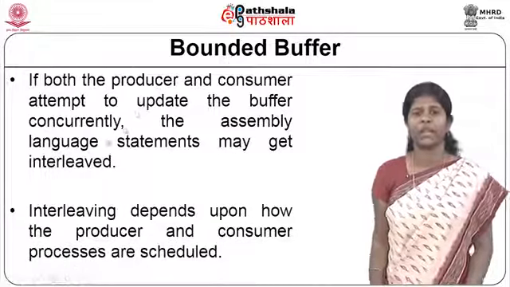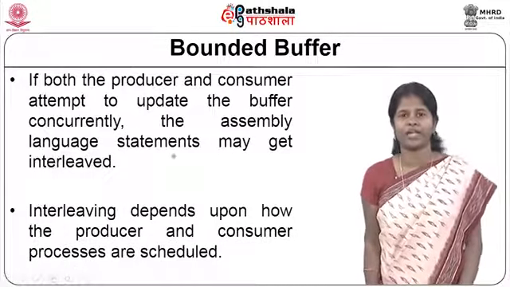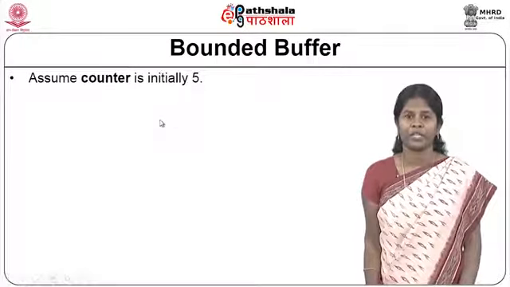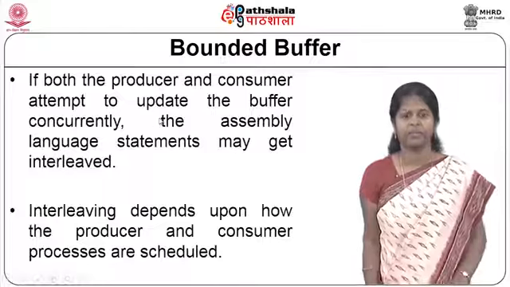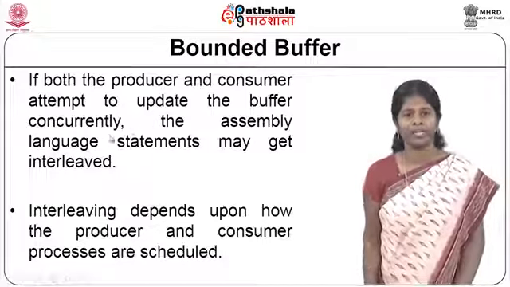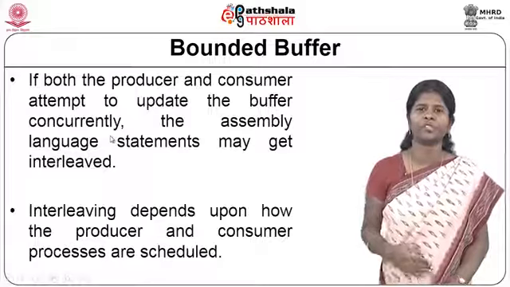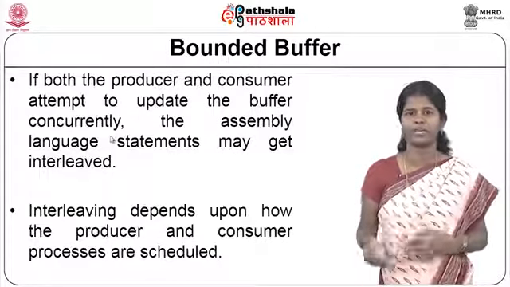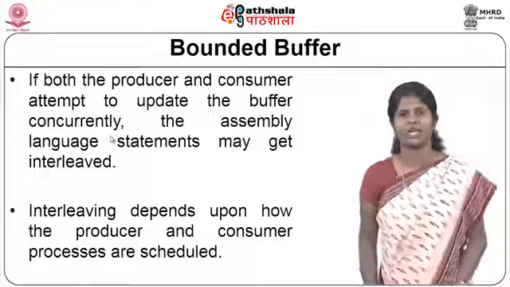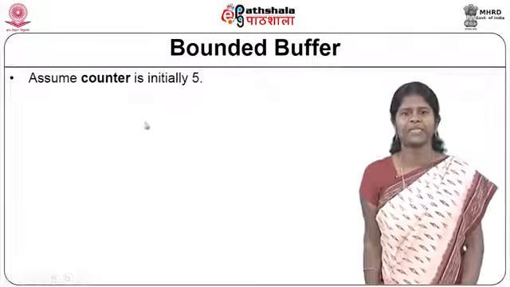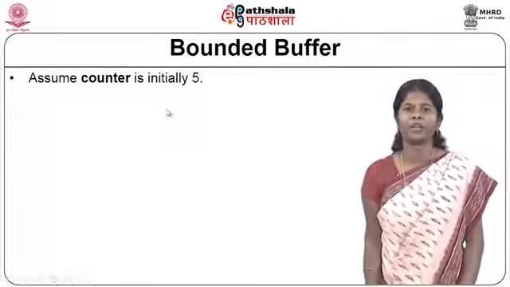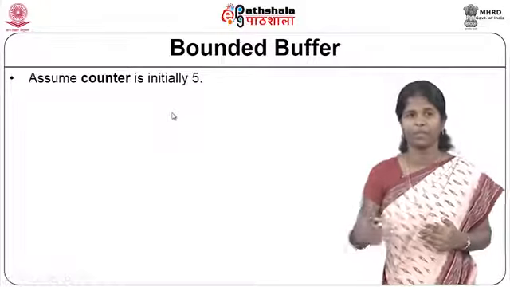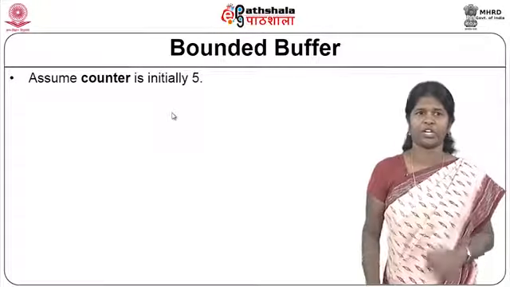So, the interleaving depends on how the producer and the consumer processes are being scheduled, on who is being scheduled first, who is being scheduled next, and so on. So, we will see this example of how the value of counter can be manipulated depending on how the producer and the consumer processes are being scheduled.